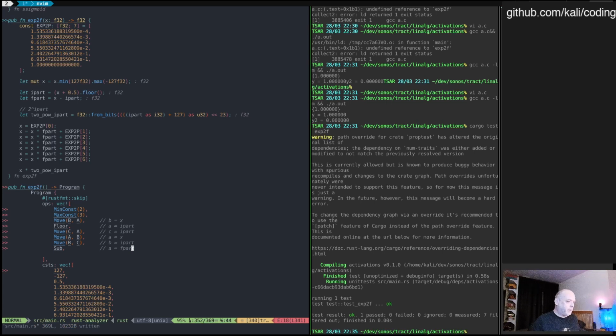And the I part, it's in B. Okay, it's in B, so it's not good, because in B I will need to put F part. So should I swap B and C?